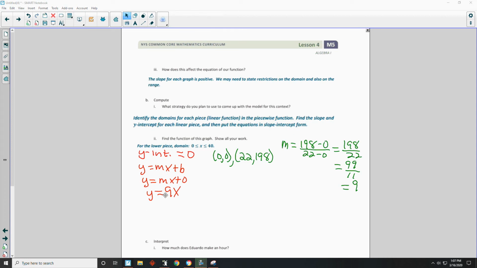Okay, so I just changed the color on this, so this is our first piece, and then I can erase all of this. And now we need to do the same for the second piece. All right, so now we're working on the upper piece, and we need to look at the domain restriction.